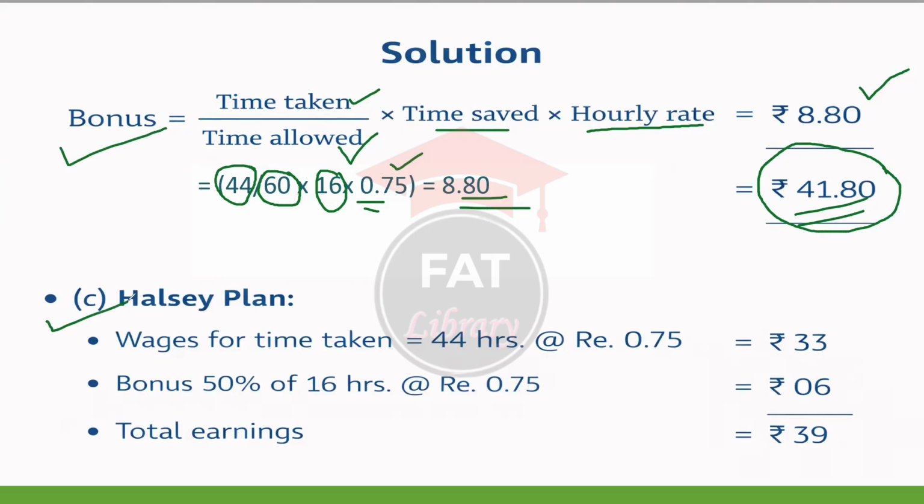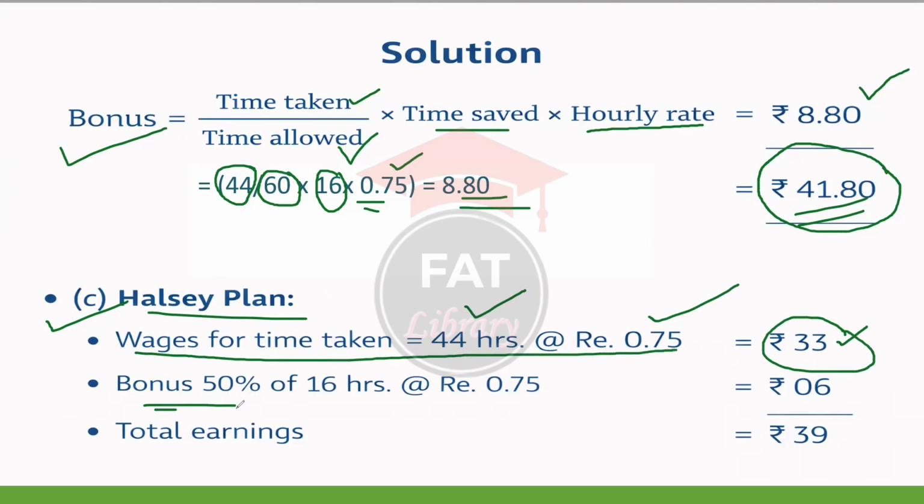Now come to requirement C, that is calculation of earnings as per the Halsey plan. As per Halsey plan also, the wages will be the same. That is 33 rupees. Now, what is the bonus? How to calculate the bonus? In the Halsey system, bonus is equal to 50% of time saved multiplied by rate per hour.